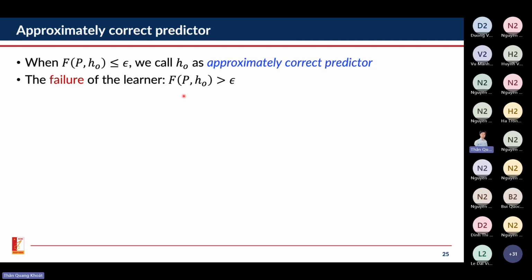In this case, the test error can be high, right? And this shows the failure of the learning, right? Otherwise, this model can be considered an approximately correct predictor with a very good accuracy, with a very good error, and it can generalize well, right?